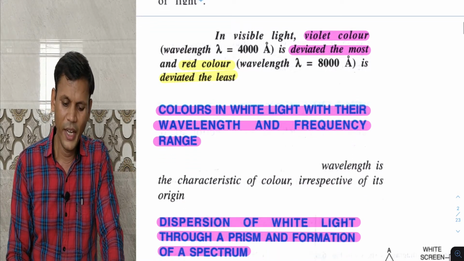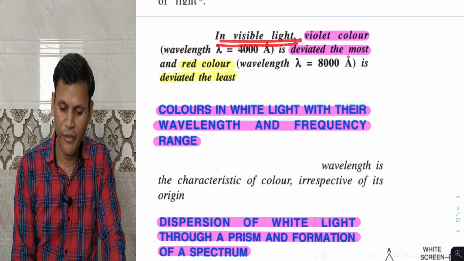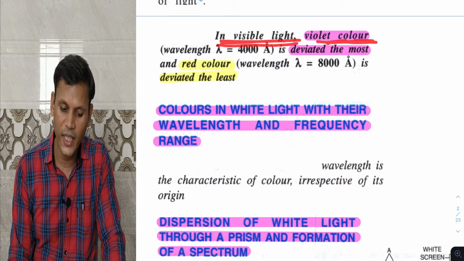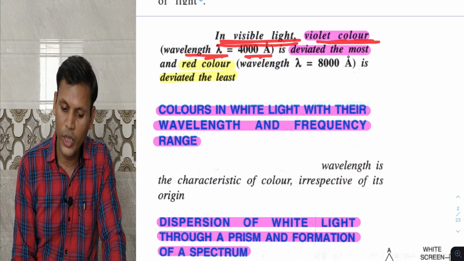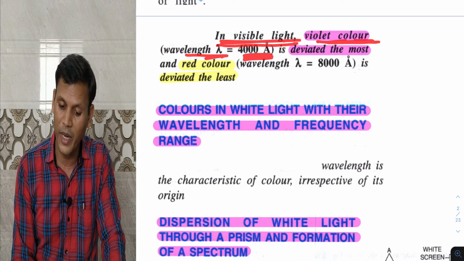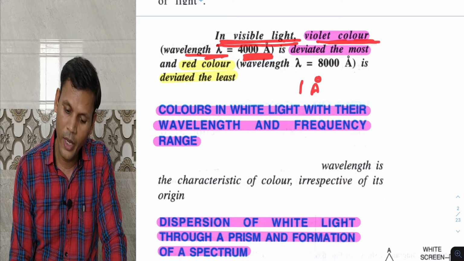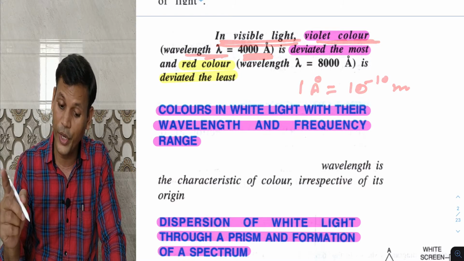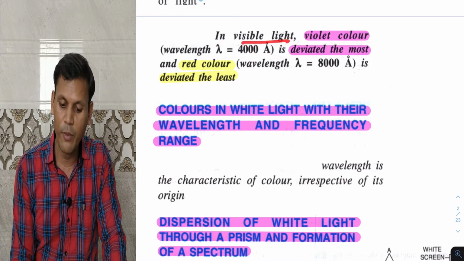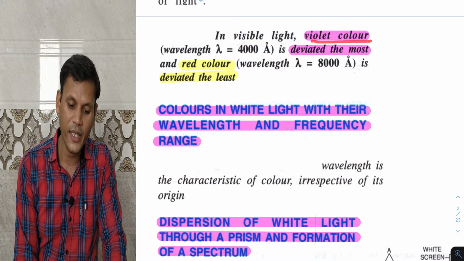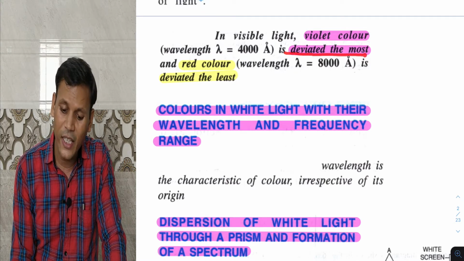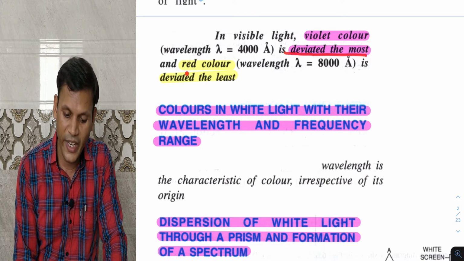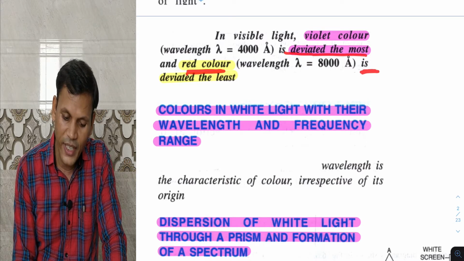Now further, in visible light, violet color having wavelength 4000 angstrom, we have to remember it, and 1 angstrom is 10 raised to minus 10 meter. That relation also we have to remember. So in visible light, violet color is deviated the most and red color is deviated least.